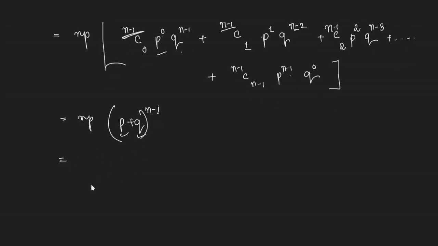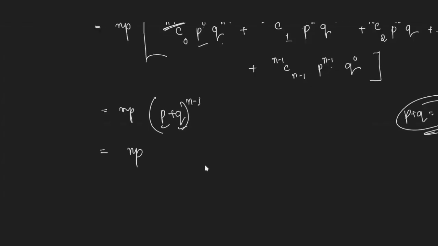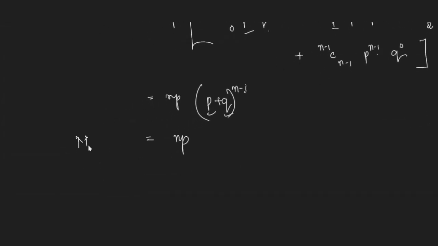Now we know that p was the probability of success and q was the probability of failure. If we add probability of success and failure, we should get 1, so there is a property that p plus q is equal to 1. We already know 1 to the power anything is 1, so ultimately the value is np. That means, for the binomial distribution, the mean is np.